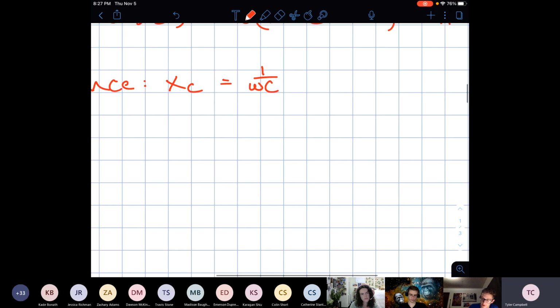I will say really quickly, more often than not, we give you a frequency instead of an angular velocity. So really, this is just equal to 1 over 2 pi f C, where omega is equal to 2 pi f. Just a quick Phys 1 conversion there.